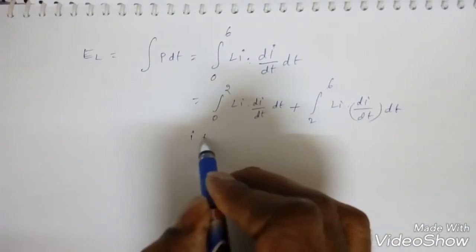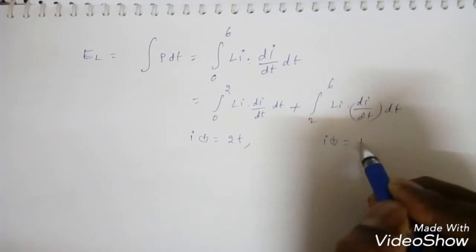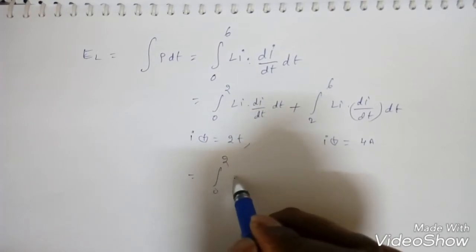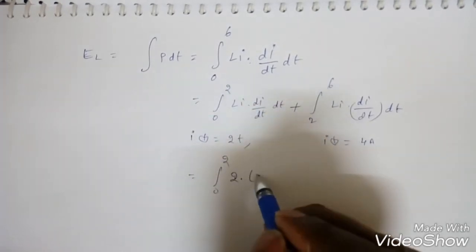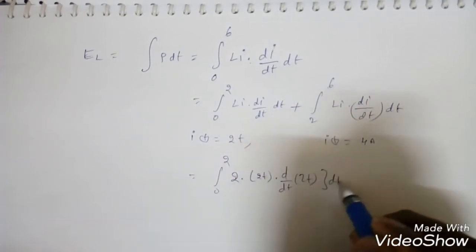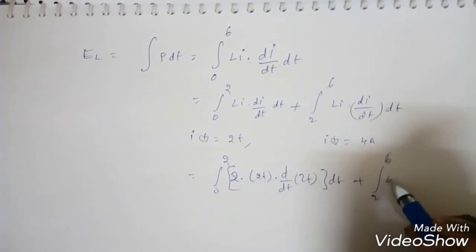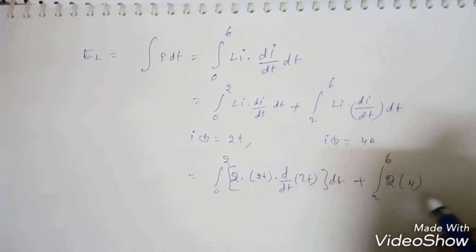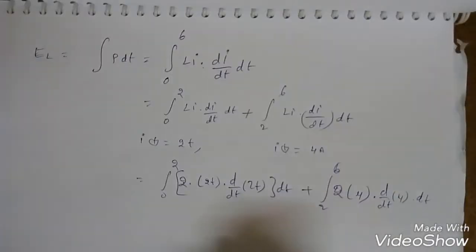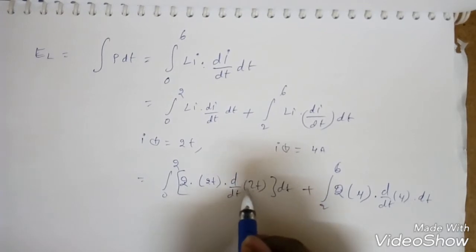Now we know I of t from 0 to 2 is 2t, and I of t from 2 to 6 is 4 amperes. Replacing L with 2 Henry, we get 0 to 2 of 2 into 2t into d by dt of 2t dt, plus 2 to 6 of 2 into 4 into d by dt of 4 dt. When I differentiate 2t, we get the constant 2.